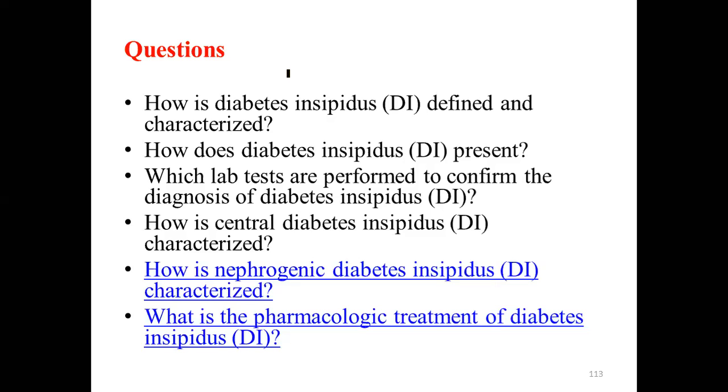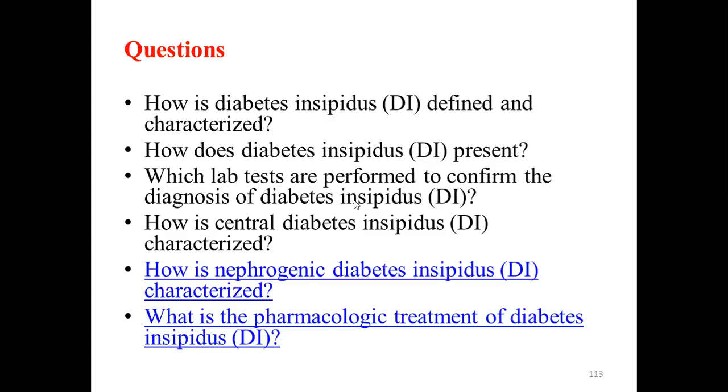Then Anna, you'll tell us what lab tests can be performed to confirm the diagnosis. You can check the serum electrolyte and glucose levels, or the urine specific gravity, the osmolarity of the urine, also the ADH levels in the serum. Okay, fine. So those are the tests we can consider.